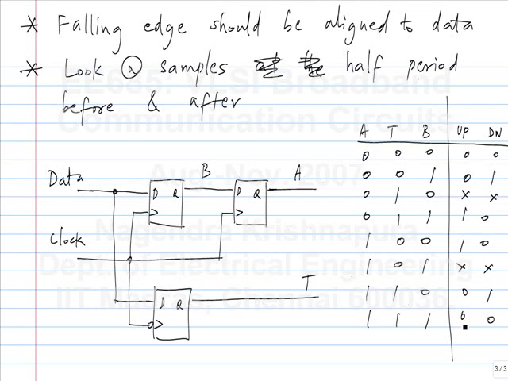And how do you realize this truth table? Is there some way to simplify this?